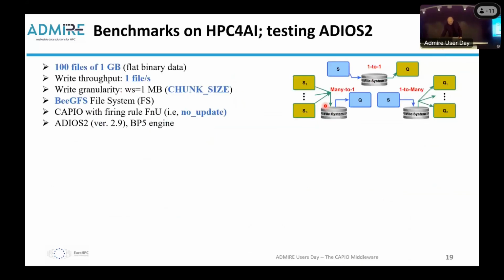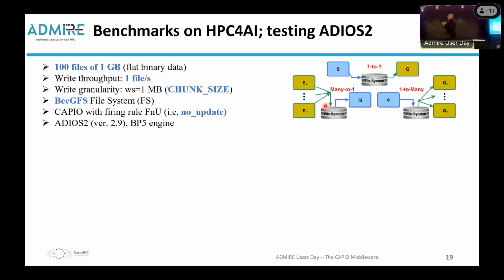The second test is instead on the HPC for AI cluster. I'm going to describe what we did. We want to see how far we are from using an in situ tool, that is the ADIOS tool.